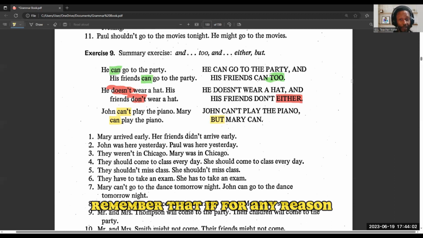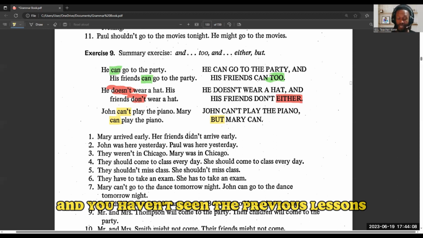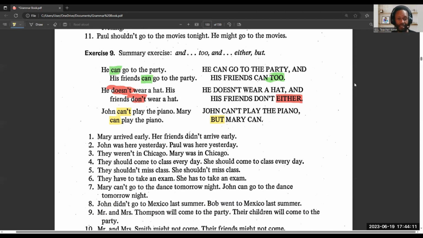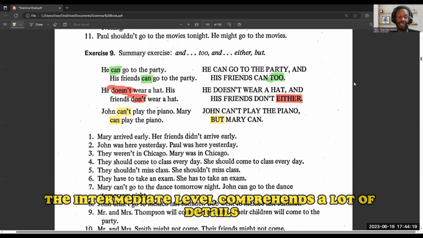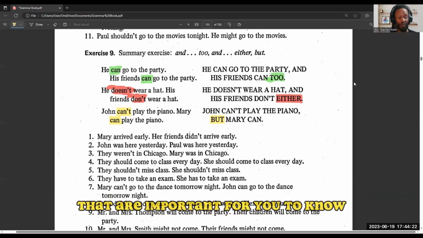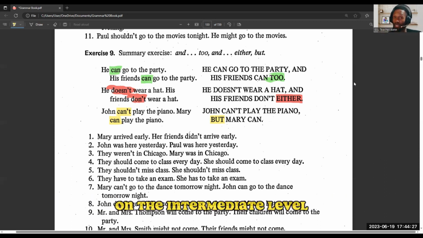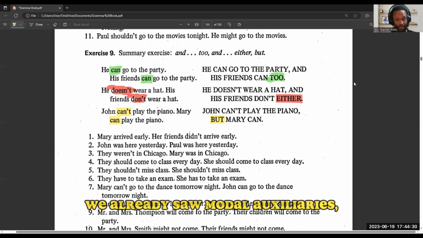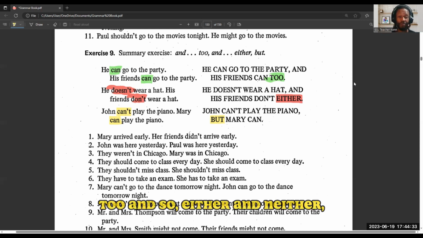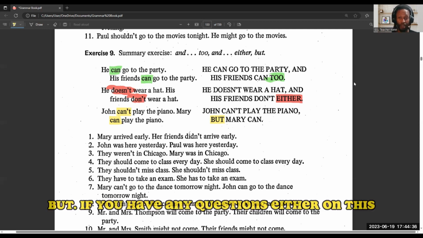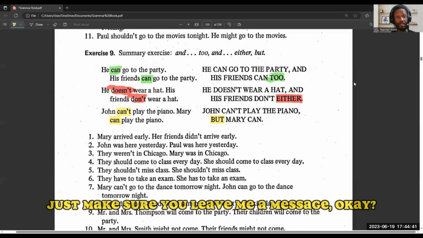Remember that if for any reason it's confusing or difficult and you haven't seen the previous lessons on the intermediate level, please go ahead and do so. The intermediate level comprehends a lot of details that are important for you to know, and they build up one on top of the other. On the intermediate level, we already saw modal auxiliaries, to and so, either and neither, and now we're going to see but.